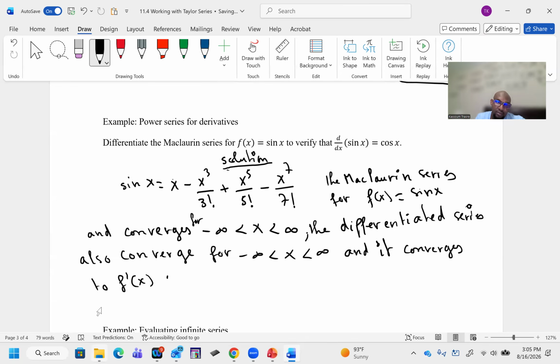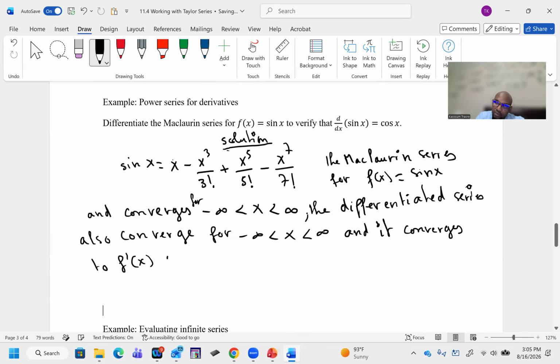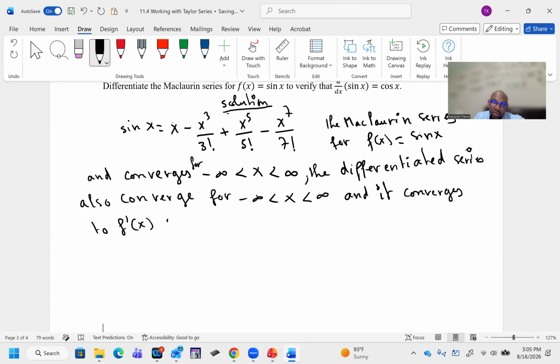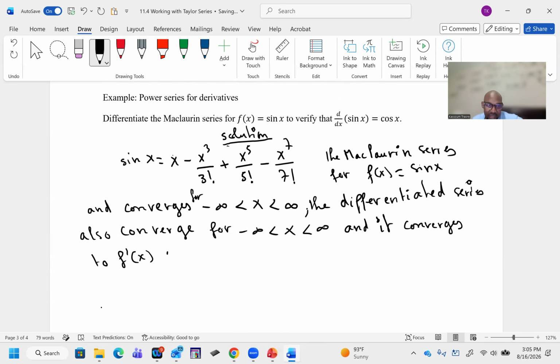So now we have to find the derivative of sin x, right?